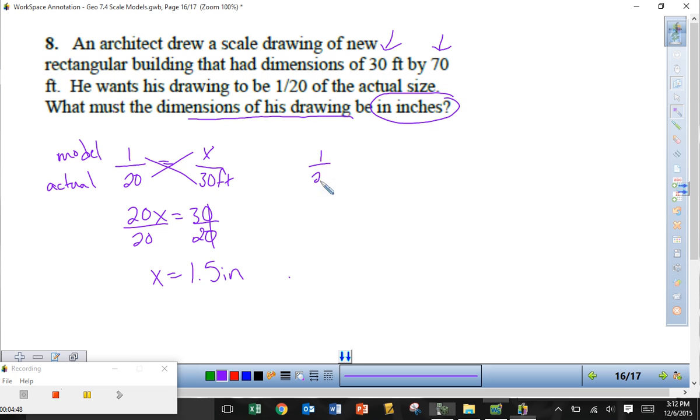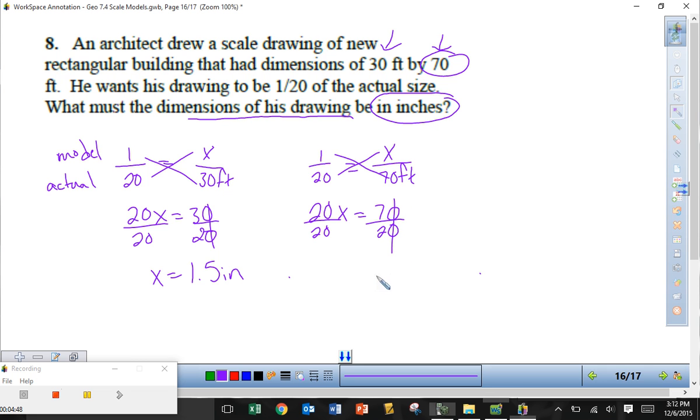We've got 1/20 equals, still don't know what our model is, but in this case we've got 70 foot being our actual length there. Cross multiply, we've got 20x equals 1 times 70, which is just 70. And then we'll go ahead and divide by 20 on both sides here.